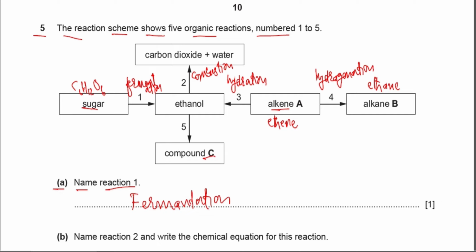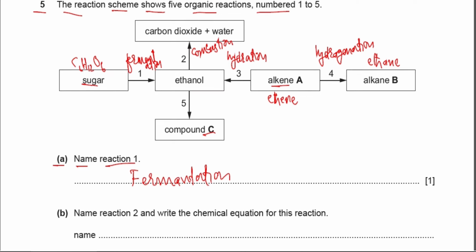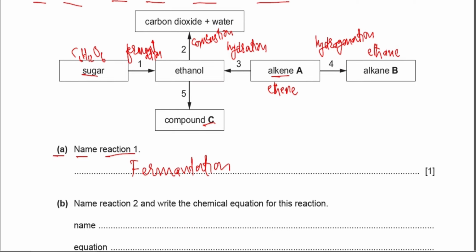You may have to recall the conditions, the reagents and the products. The reagent is glucose, aqueous glucose or glucose solution. The conditions are yeast, the absence of oxygen, and a temperature of 25 to 37 degrees Celsius.